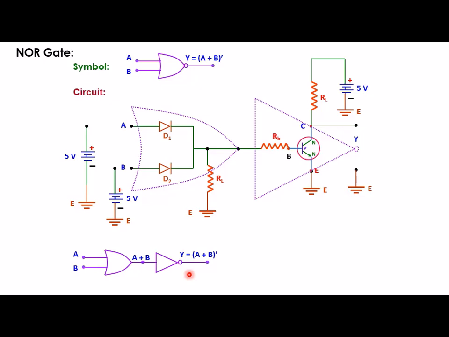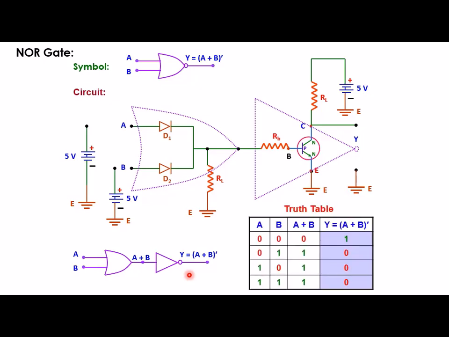Now if we try to write the truth table, the 4 different combinations of A and B will be 00, 01, 10, 11. The output of the OR gate at this stage will be: if both are 0 then it is 0, if any one of them is 1 then the output is 1, and if both are 1 then the output is also 1.